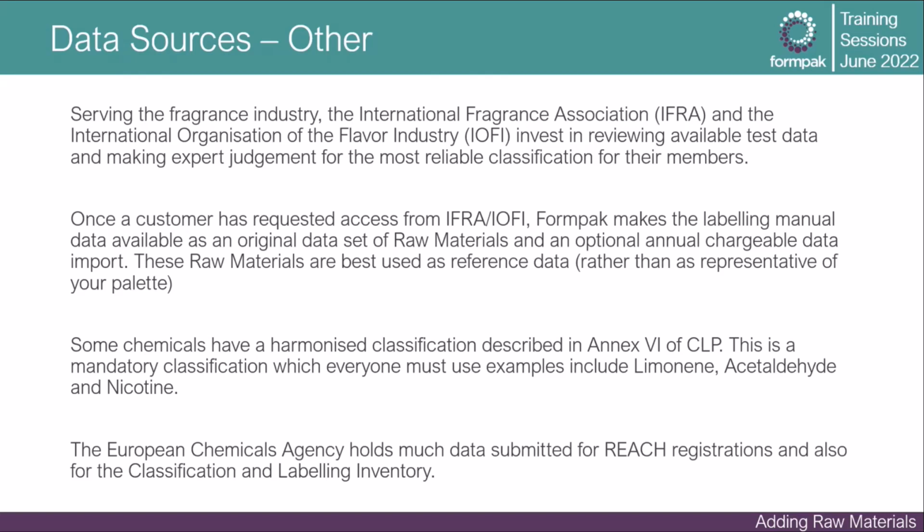Some chemicals have a harmonized classification, which is described in Annex 6 of CLP. This is a mandatory minimum classification which everyone must use, and examples include limonene, acetaldehyde, and nicotine. The European Chemicals Agency holds much data submitted for REACH registrations, and also the classification and labelling inventory.